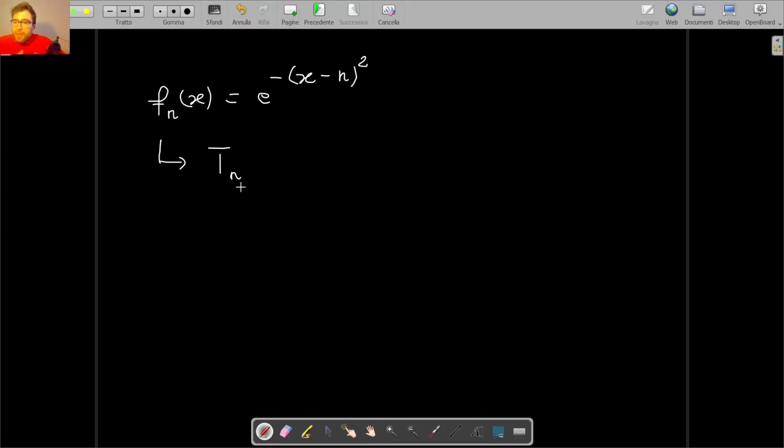But we need to represent this kind of operator, and the most natural way to represent it is via an integral. We have this integral extended to the whole real line of this sequence of functions. Then we have to input something here, and then we have to integrate, obviously, in dx.